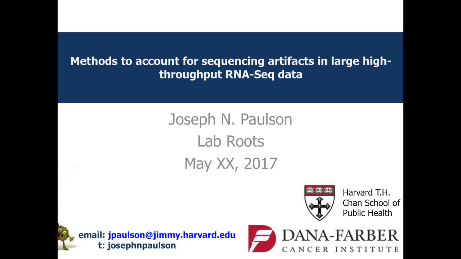As Kristen said, I'm going to talk about a particular instance in our approach for accounting for various sequencing artifacts in large high-throughput RNA-seq data. Right now, I'm in the Quackenbush lab at Harvard School of Public Health and Dana-Farber. I came to this lab to learn how to do network analysis, which is becoming much more common with these large high-throughput sequencing data sets becoming available.